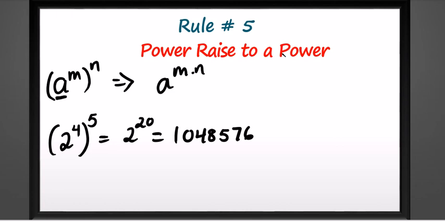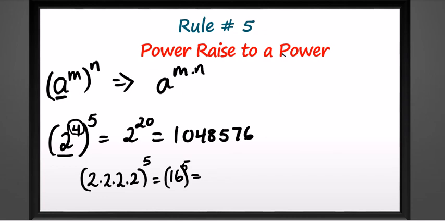So let's say you're trying to do it the long way. Based on the exponent laws, your base gets repeated this number of times. So that will be 2 times 2 times 2 times 2, and then we have another exponent outside. You can simplify that, which is going to be 16 to the power 5.